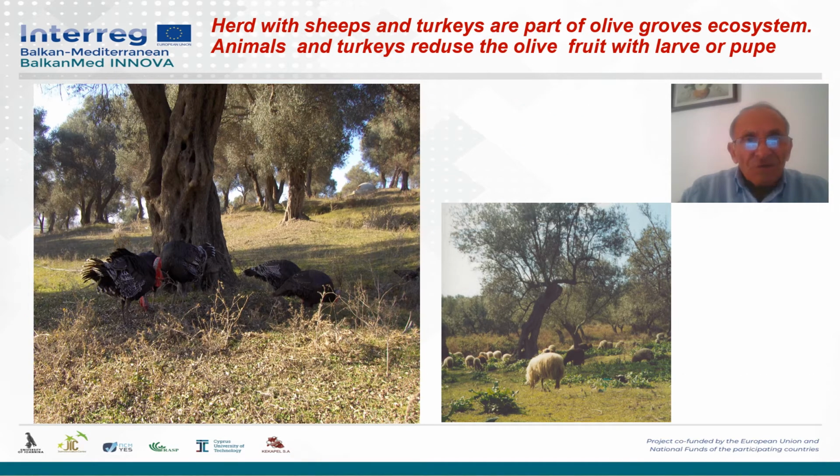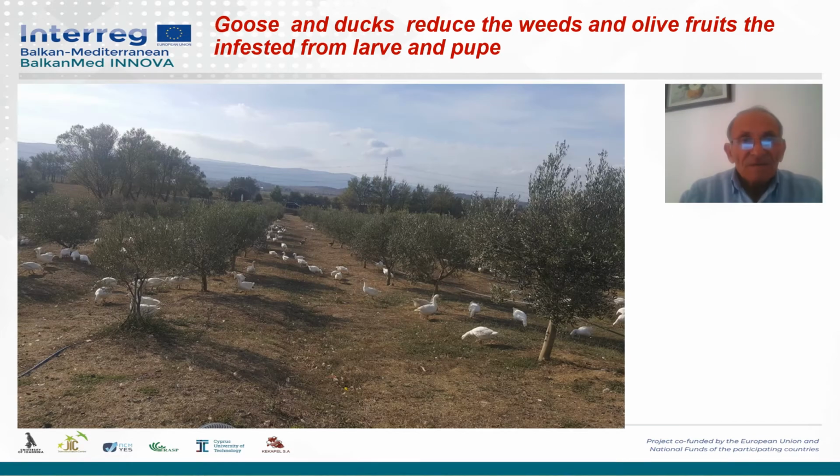The herds with sheep and turkeys are part of the olive grove ecosystem. Animals and turkeys reduce the olive fruits with larvae or pupae. Geese and ducks reduce the weeds and olive fruits infected with larvae and pupae.